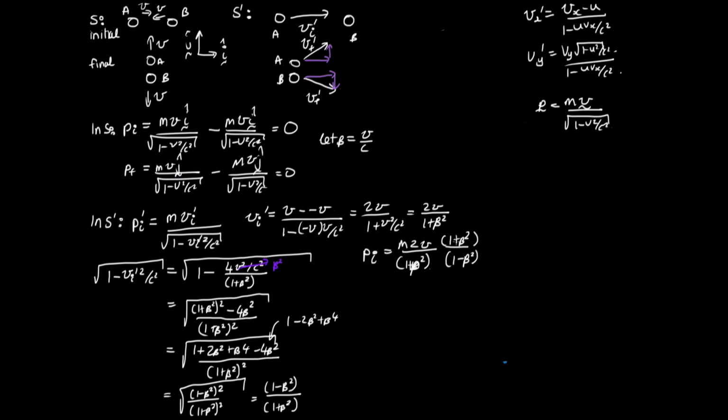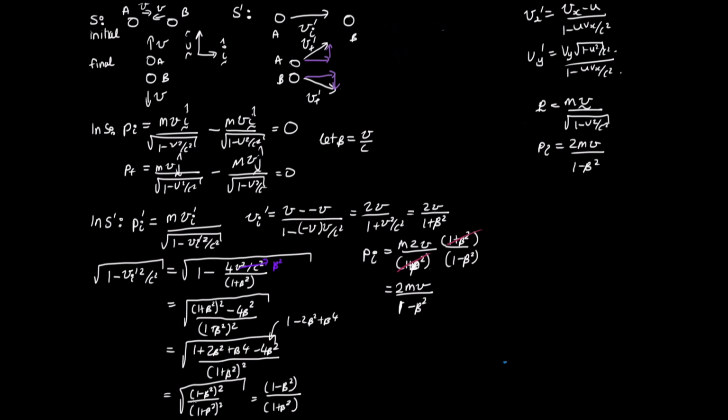You can see we've got 1 plus beta squared on the top and on the bottom, so these will cancel out, and we end up with 2mv over 1 minus beta squared. Okay, so I'm going to write this here and then clear some space. So we've got P initial is equal to 2mv over 1 minus beta squared.